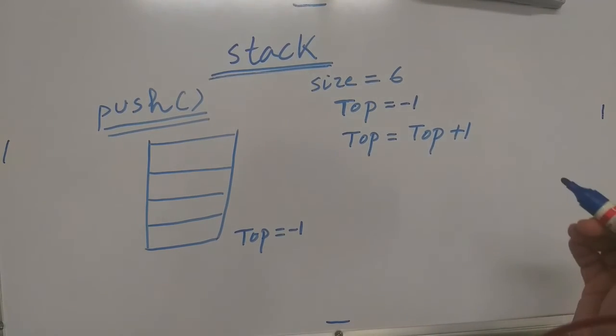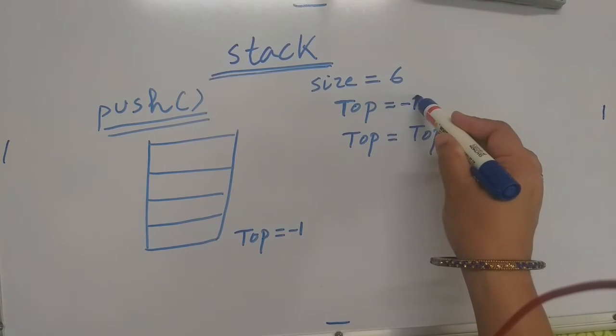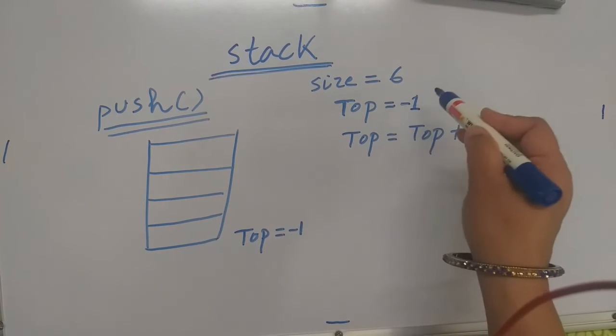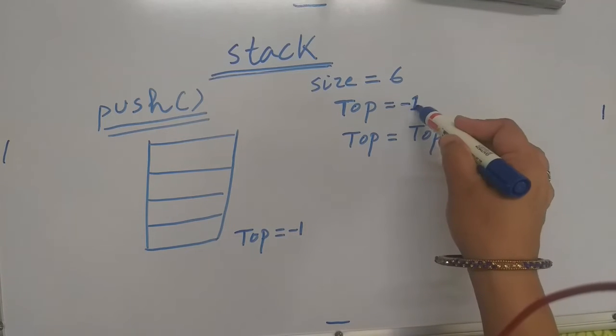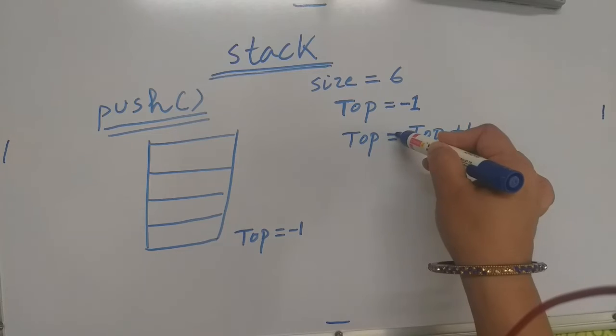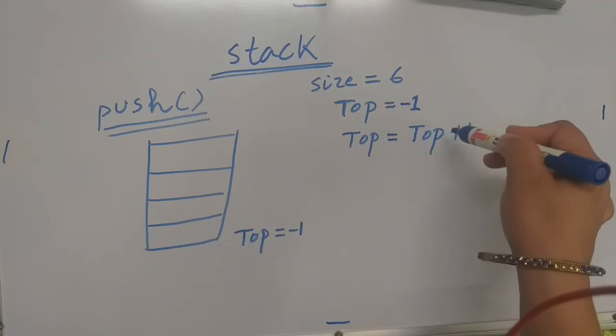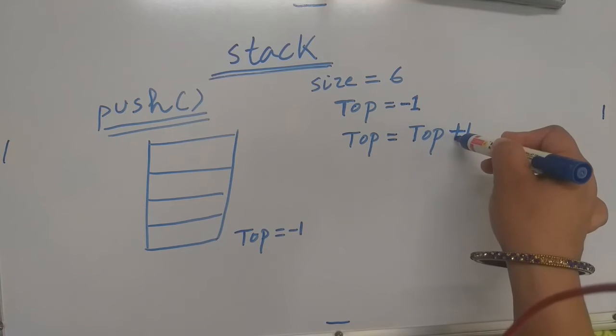That means first we initialize the value top equal to -1, and whenever it is -1, we know that the stack is empty. After that we increment the value, top equal to top plus 1, then we insert the next element.